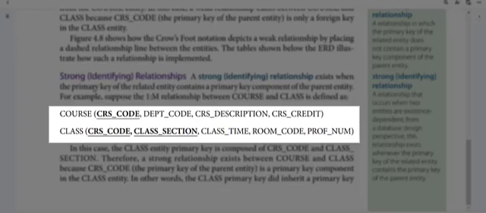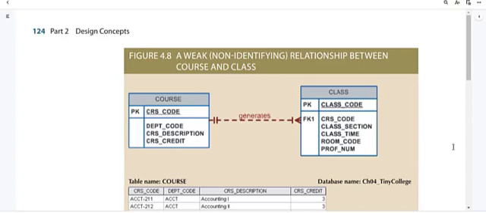This is an identifying relationship. I call this ID dependent. I don't call that a strong relationship. I call this ID dependent because I have the primary key ID here as part of the composite primary key in the class table. So looking at this ER diagram, it looks pretty much like a regular ER diagram, but I'm going to identify this as a weak relationship because of this line right here.